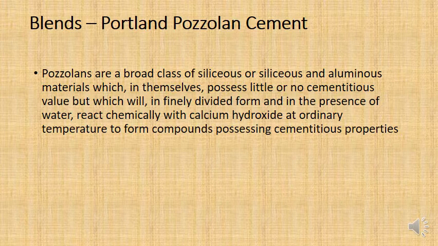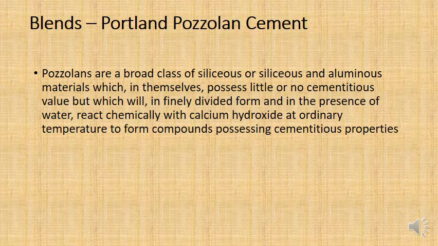Now, ash from a volcano, it's got very high silica and alumina content in it. Now, pozzolan in and of itself is not a very good cement. If you were to mix volcano ash with water, it's not really going to dry and form a strong cement bond.